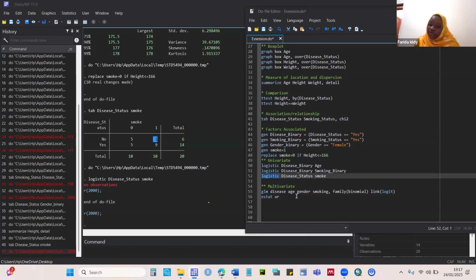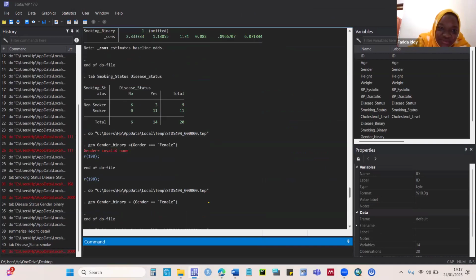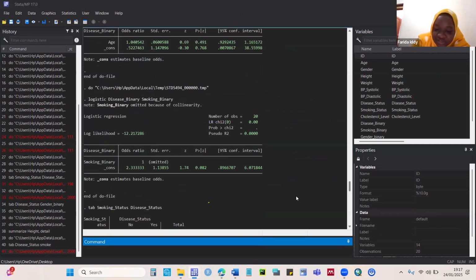There is a reason why you have to use GLM, because sometimes you may run your logistic and obtain, for example here, a very big confidence interval. So you need to use GLM to be precise.